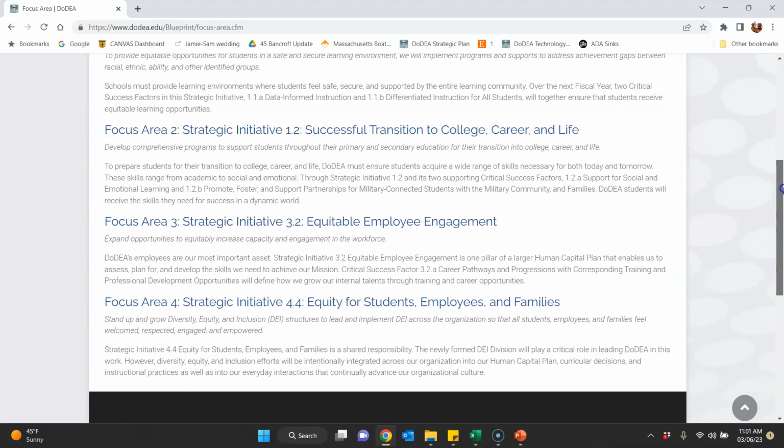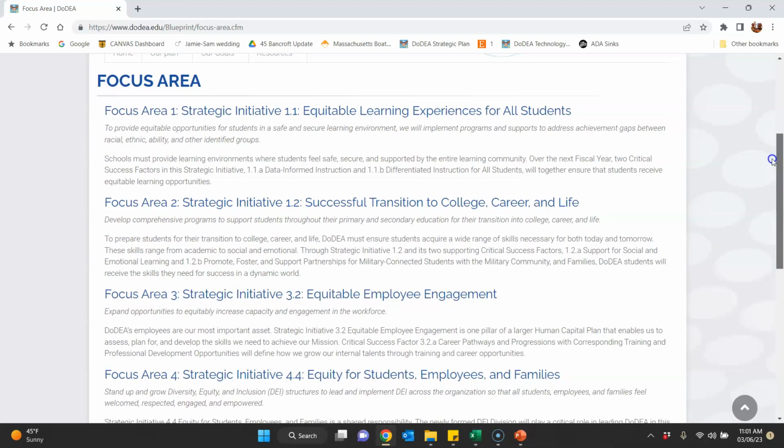But this one highlights 4 of the strategic initiatives that we'll see in the goals. So the first one is from Goal 1. It's 1.1, Equitable Learning Experiences. The second one is from 1.2, a successful transition to college, career, and life.